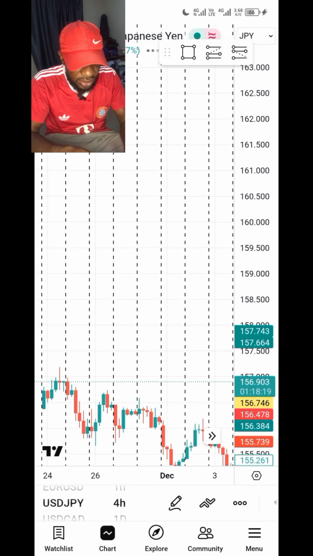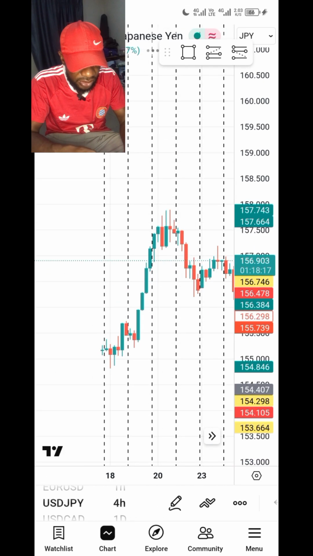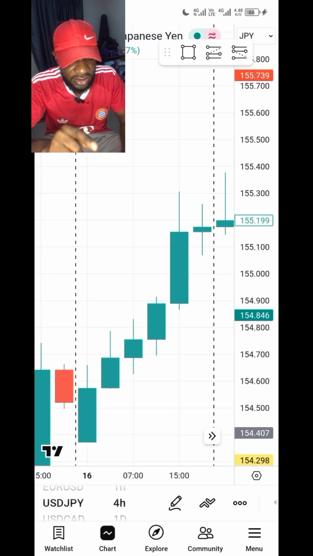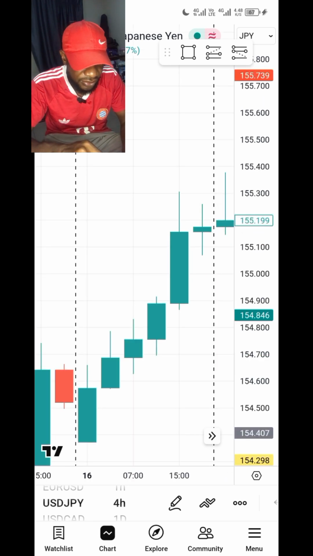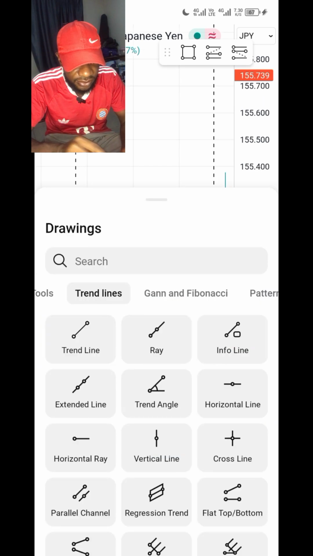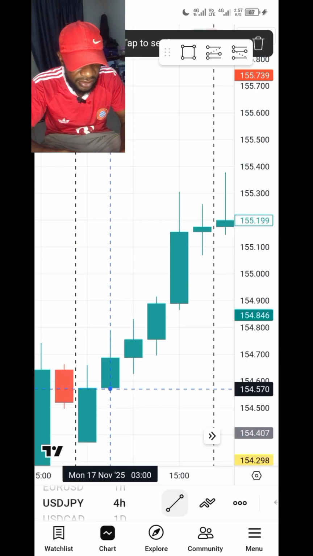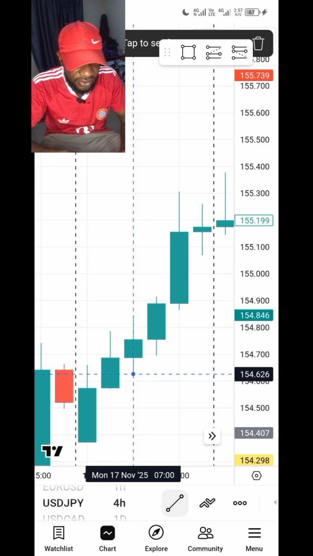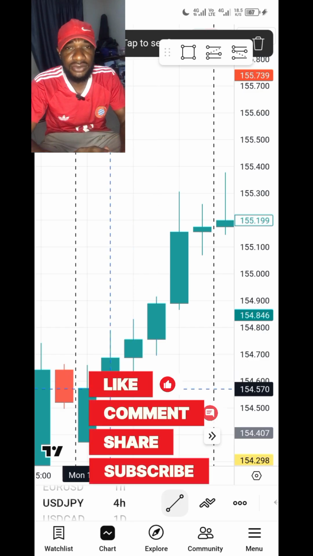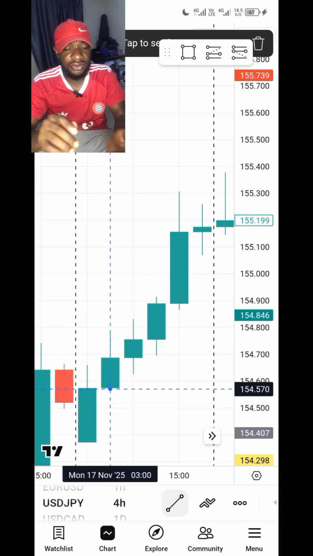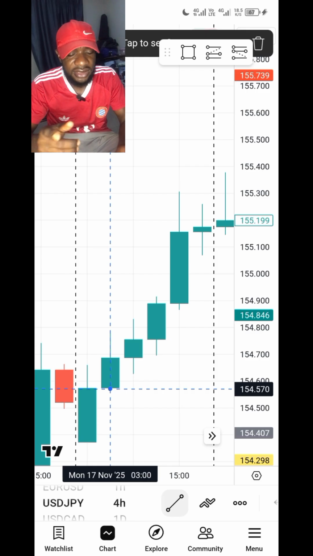Now let's go to a real chart. All right, this is an example. What did you notice here? This is a 4-hour time frame, so all these candles represent 4-hour price action, whatever price did in 4 hours.